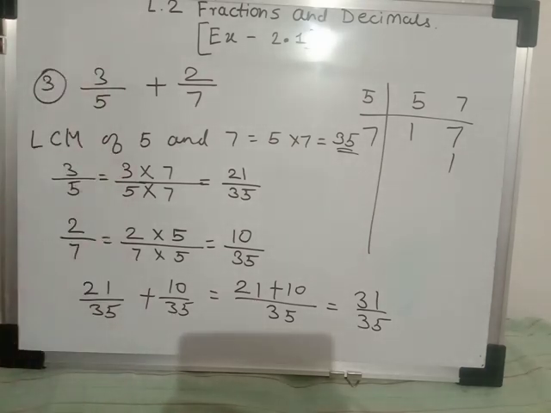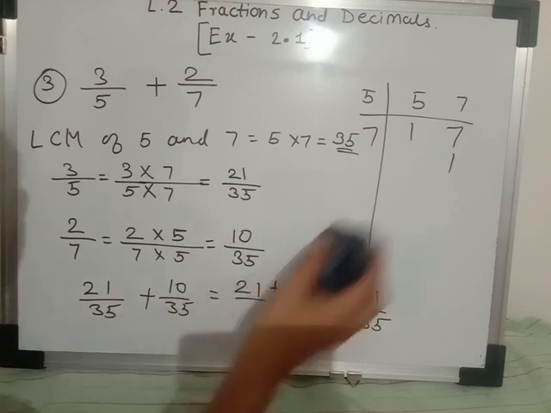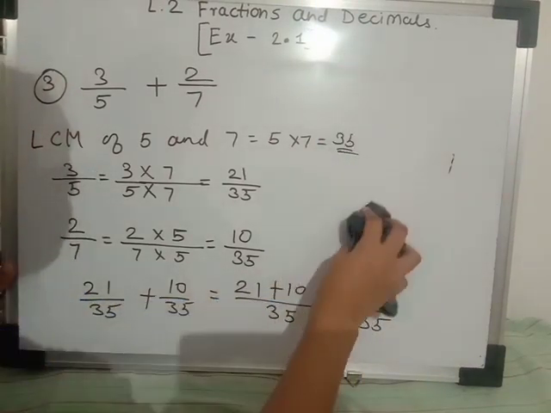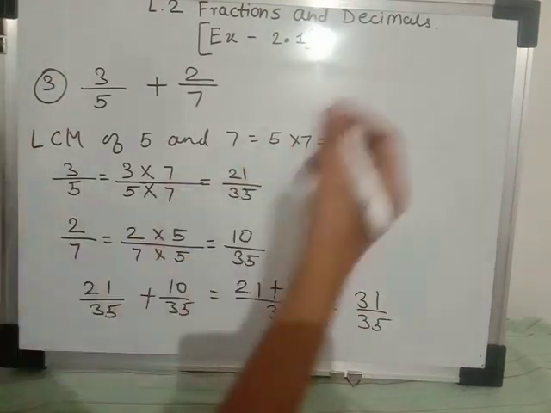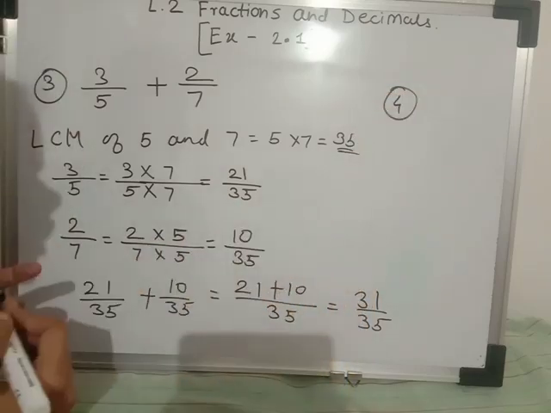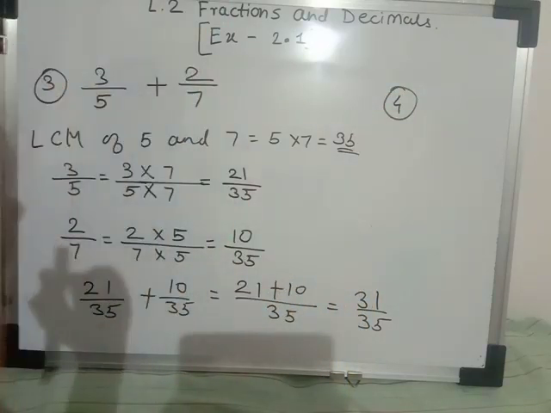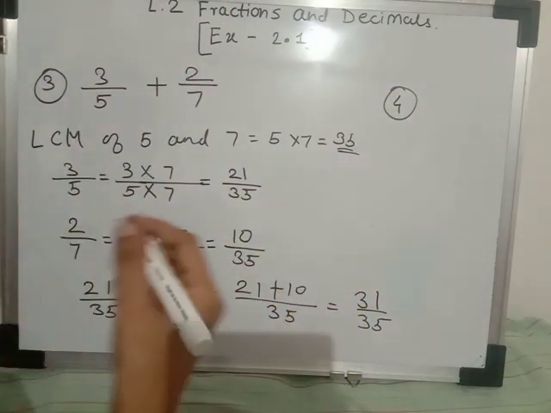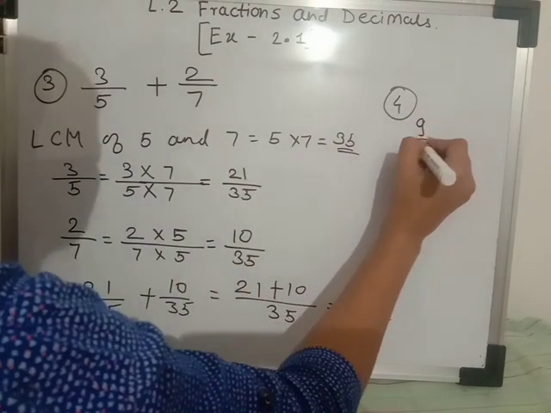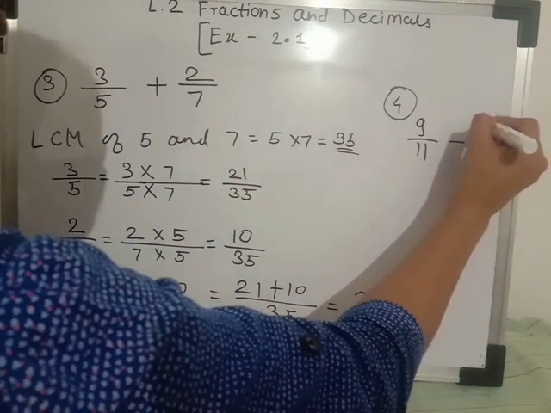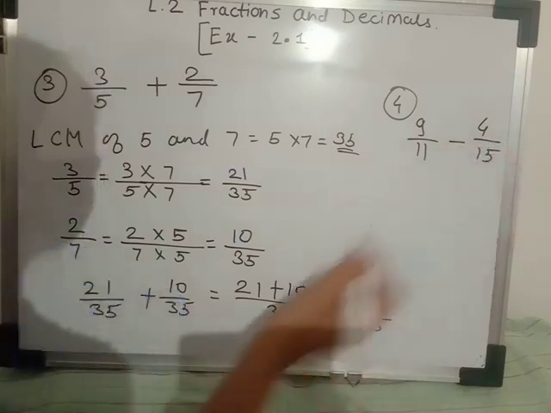Same way you have to solve the example number 4. Okay, so I am going to write here example 4. Write it down in your textbook, the example you have to solve as homework, that is 9 upon 11 minus 4 upon 15.